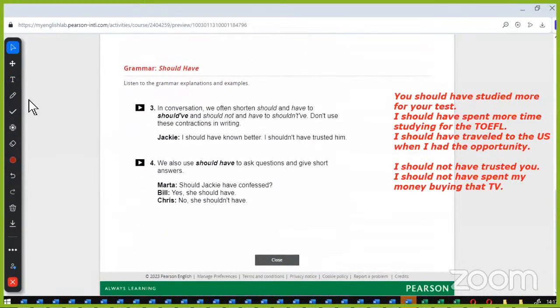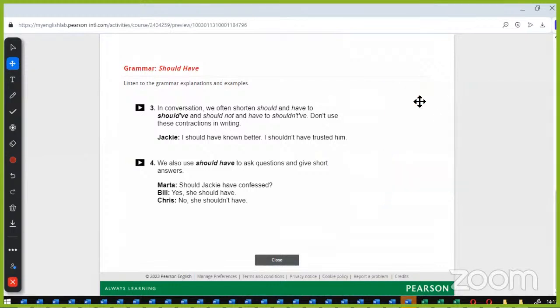In conversations, we often contract should have and should not have to "should've" and "shouldn't've". But we don't use these contractions in writing, okay? So don't use this in writing. I should have known better, or I shouldn't have trusted him.